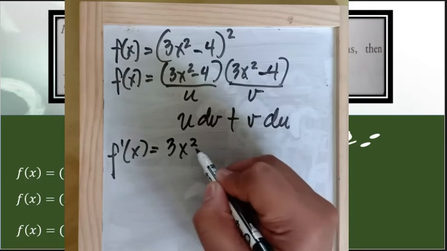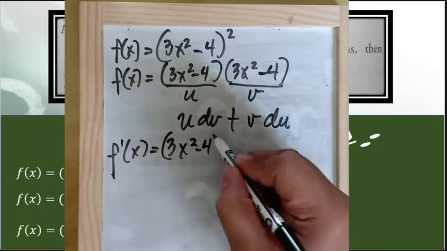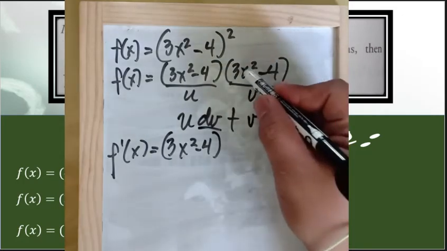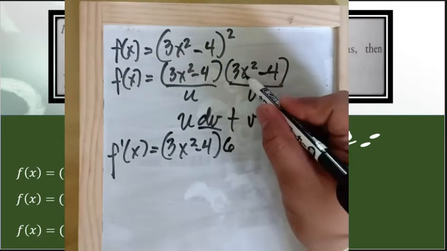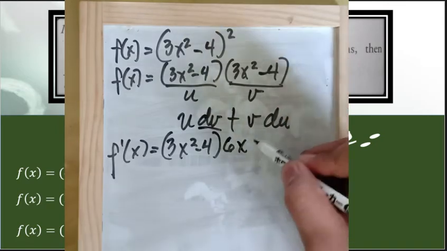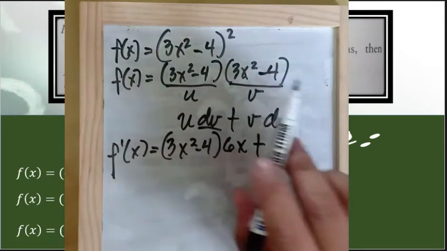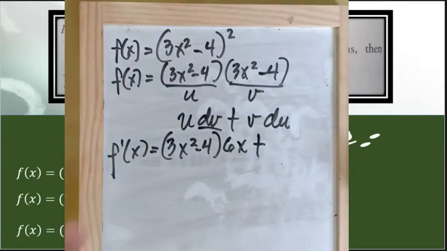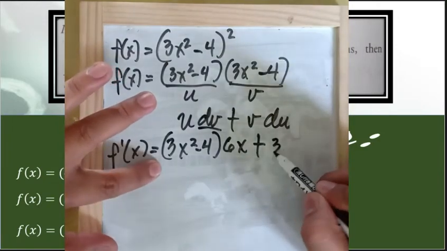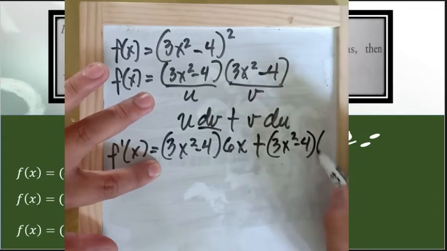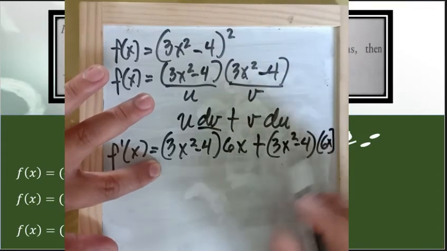The u function is 3x squared minus 4 times, what is the derivative of v? Yes, the derivative is 2 times 3 is 6, x minus 1, so just x. Plus, of course, since they have the same u and the same v, we just need to copy this one: 3x squared minus 4 times 6x.